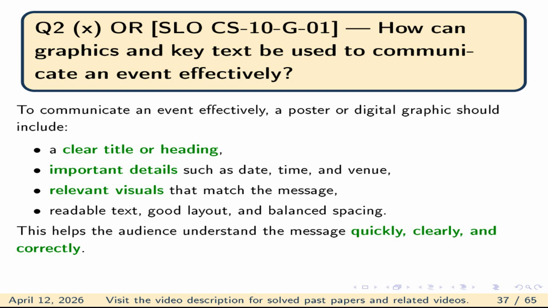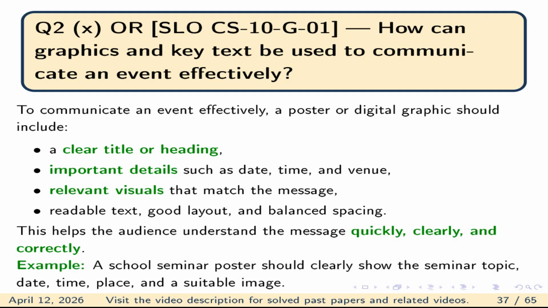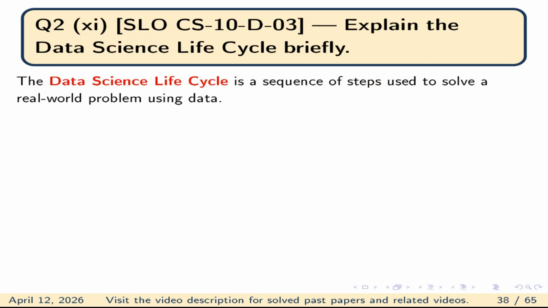This helps the audience understand the message quickly, clearly, and correctly. For example, a school seminar poster should clearly show the seminar topic, date, time, place, and a suitable image.